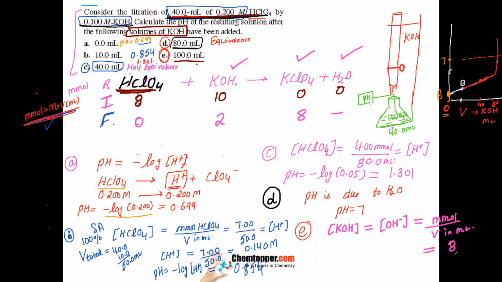8, right? And how much is the total volume? Total volume in the conical flask, in this flask, total volume. Yes, very good. Get the concentration of OH minus, but OH minus will give you pOH, negative log of OH minus.